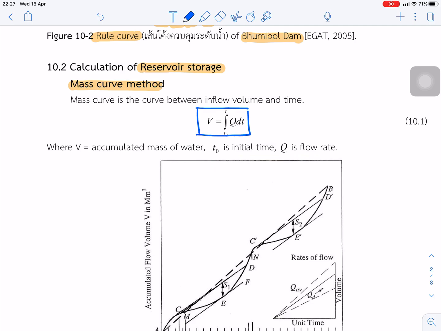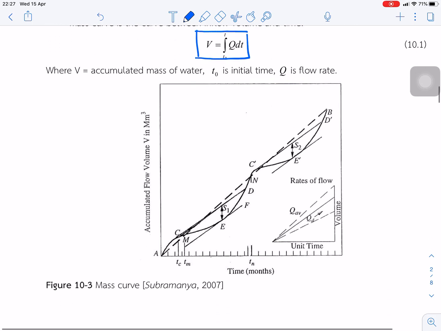Okay, for example, this is a plot between the accumulated flow in units of million cubic meters and the month.